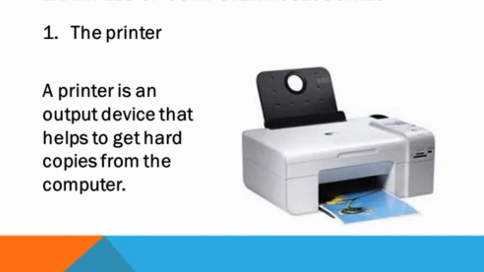You can feel the paper. So it means that your textbooks and your notebooks are all examples of the printed out work from the printer, because they are all hard copy works. So a printer is an output device that helps to get hard copies from the computer.